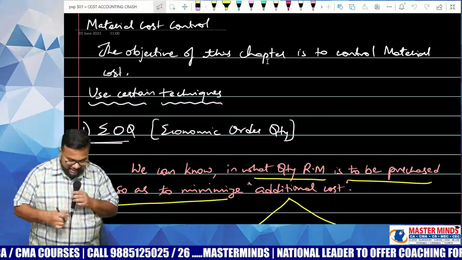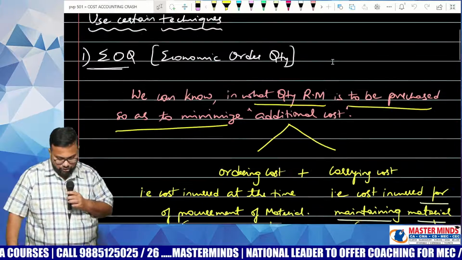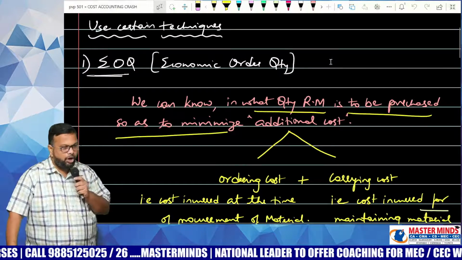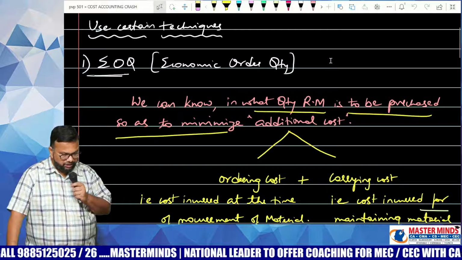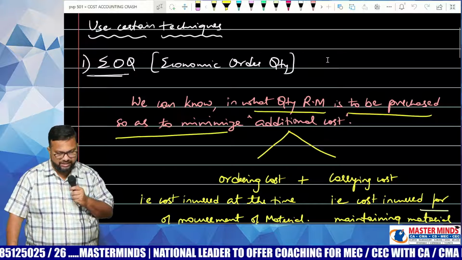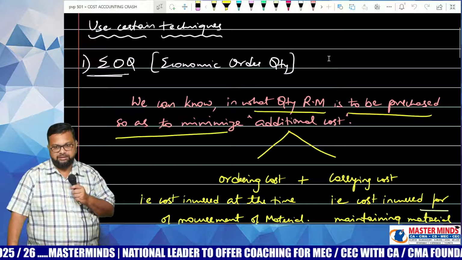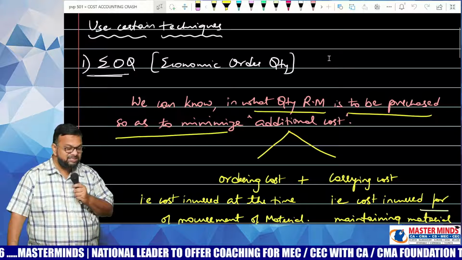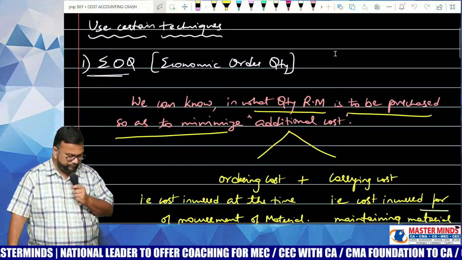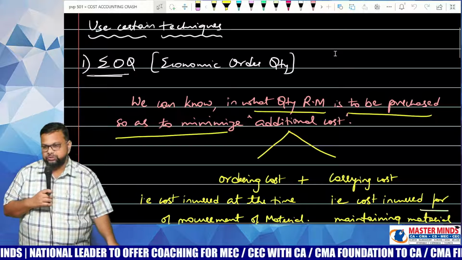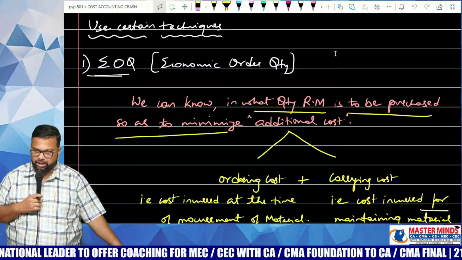In the last class, I started EOQ. EOQ stands for economic order quantity. That means how can we minimize the cost of order quantity? In order to produce goods, the companies need to order material.